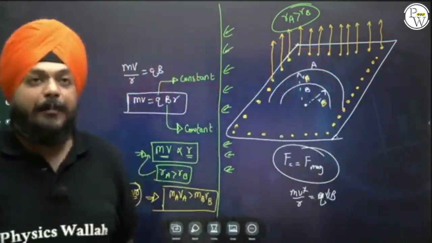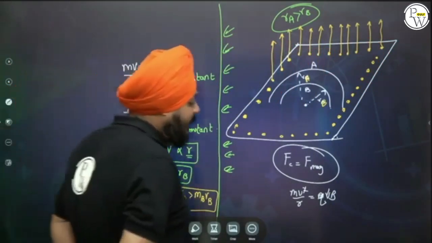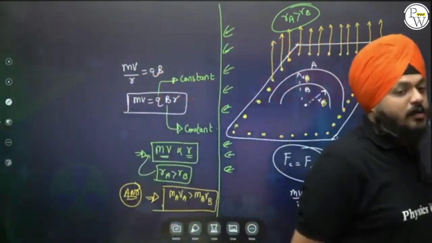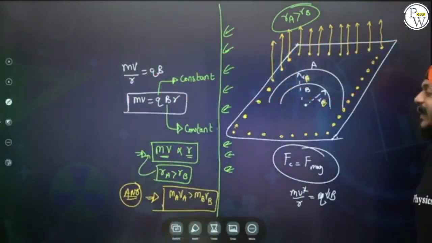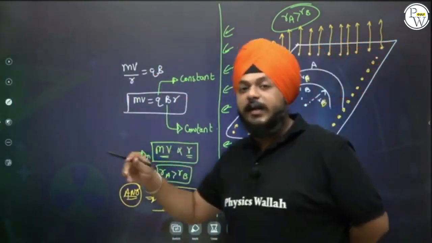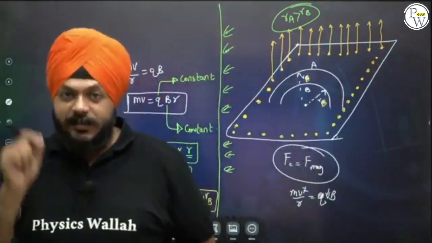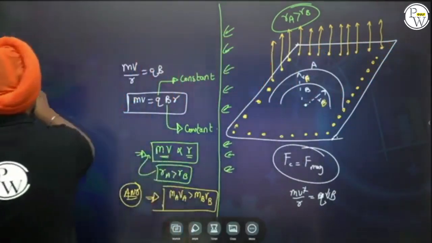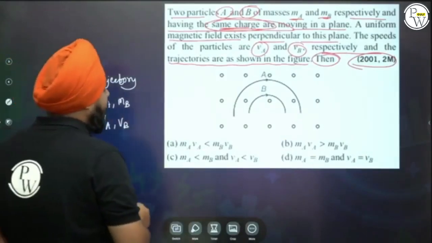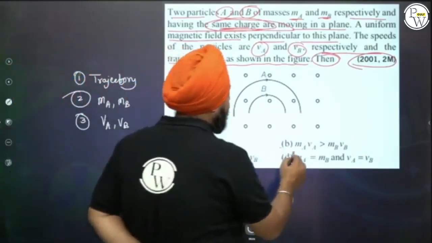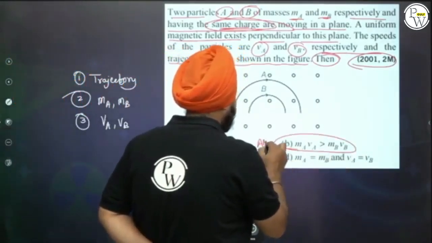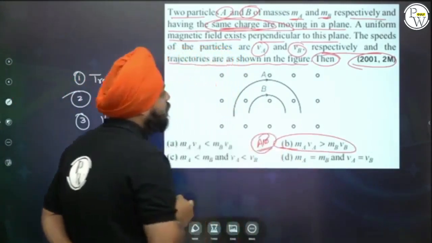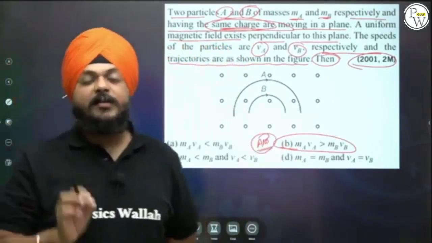The upper one has a higher radius compared to the lower one. From this relation, radius is directly proportional to the product of MV, that is linear momentum. So MAVA is greater than MBVB. B is the perfect answer for this specific question.